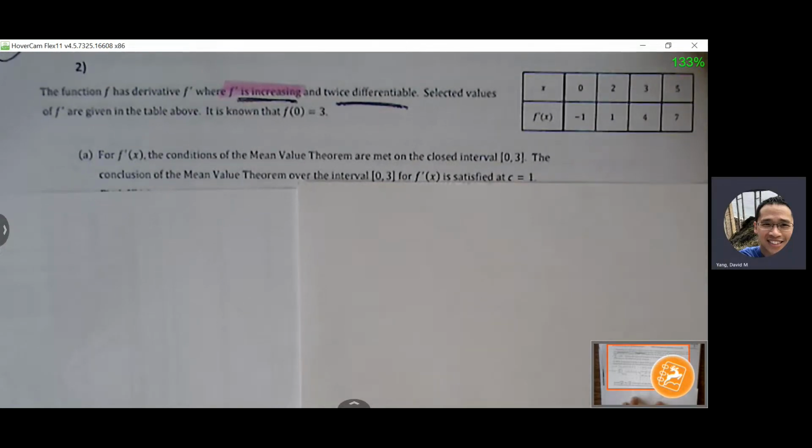F prime is increasing, and we know our f prime is always rising, and twice differentiable, so smooth curve all the way through, no sharp turns, no vertical asymptotes, no holes.